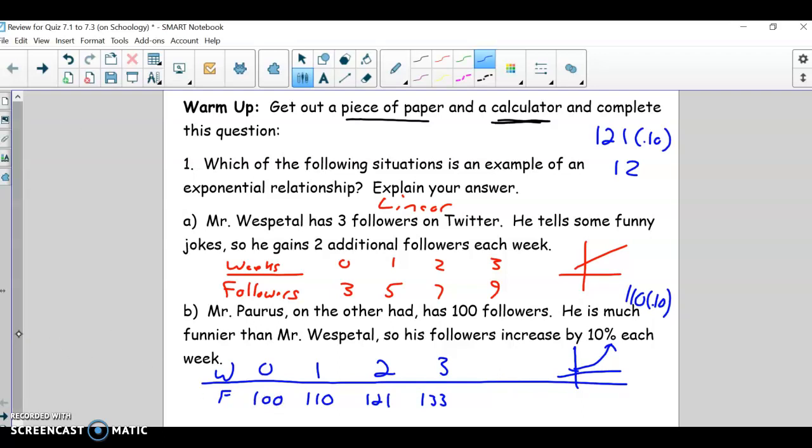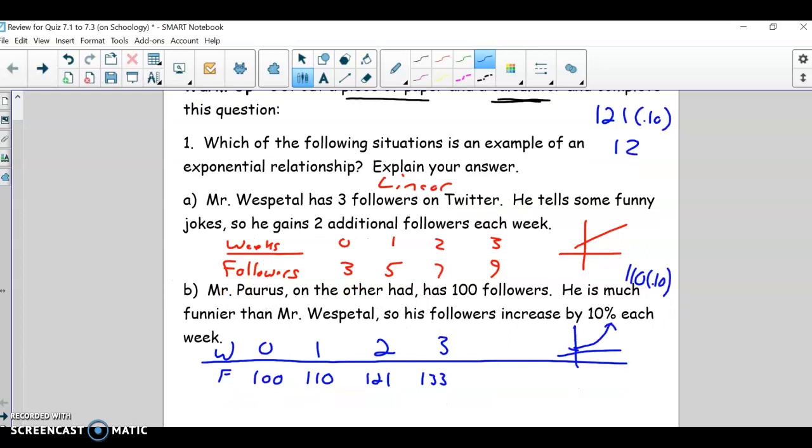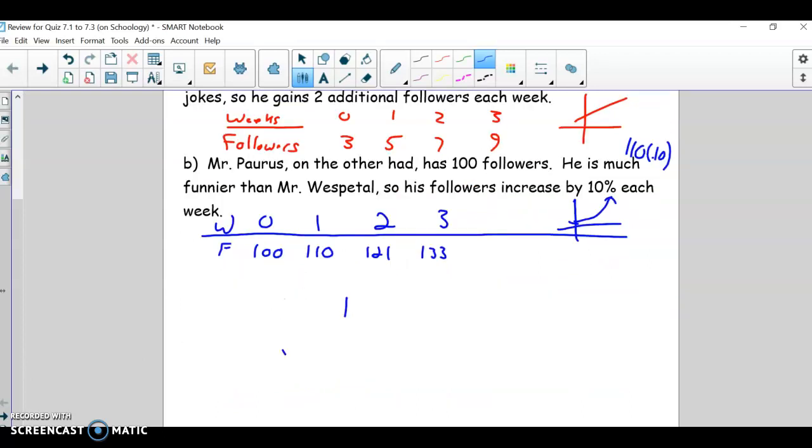If you wanted the formula there, by the way, since a lot of that is part of this test, you would just say 100 followers times 110% to however many weeks have gone by. So his followers are equal to 100 times 110% to the week's power. So if I wanted to do the 20th week, how many followers then? You could just put in 20 and crunch away on your calculator.